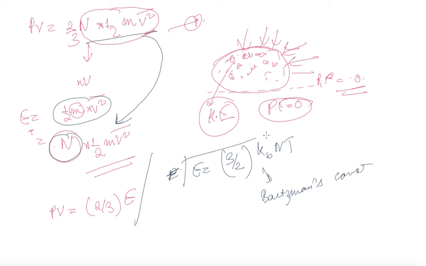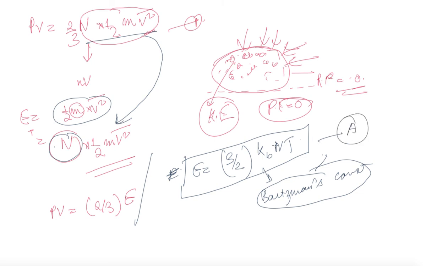This is what we had derived in our previous videos. So now if you compare these, name this as equation A, this as equation B, this as equation C. If you compare these two equations and take N below, E by N is nothing but your 3 by 2 into Kb into T.